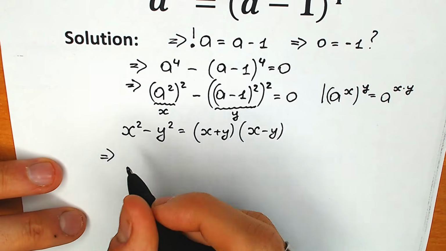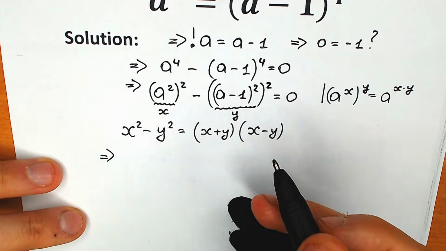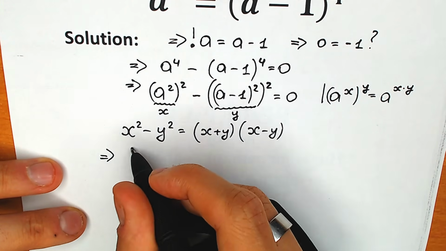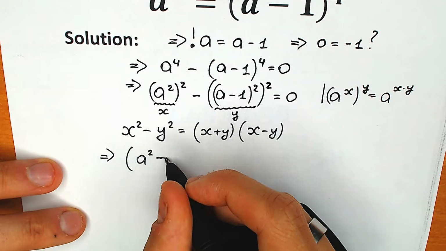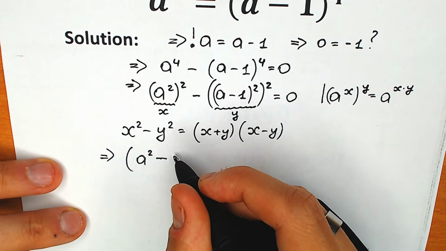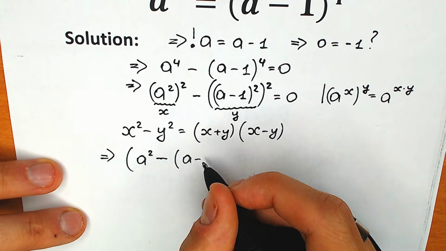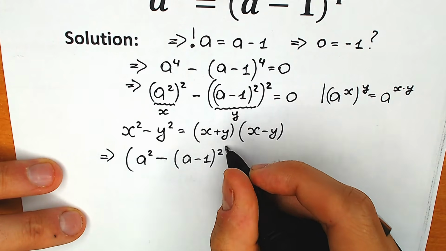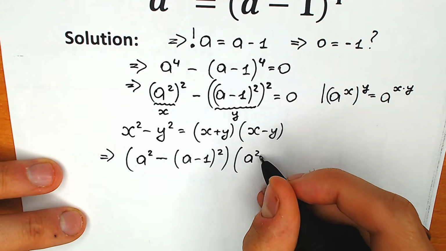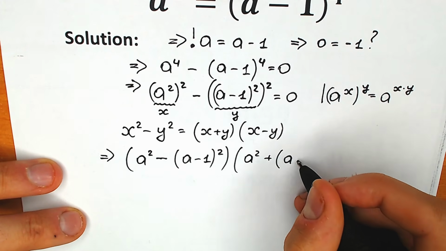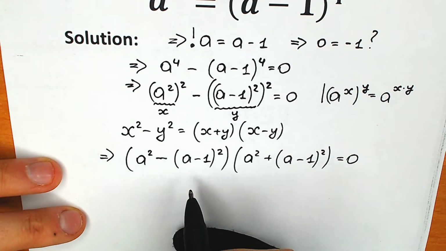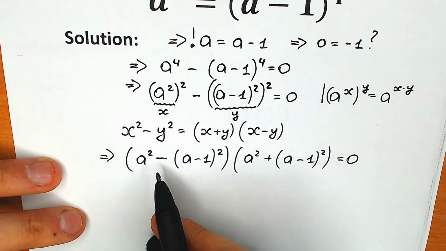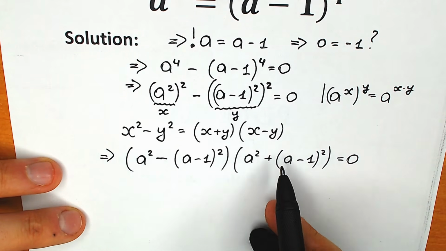The first one we have, let's go with the negative sign or with the positive, it doesn't matter. First of all, what do we have? A square minus (a minus 1) square, or plus, doesn't matter. Let's go with the negative first. So (a minus 1) square, and the second one, a square plus (a minus 1) square equal to 0. So right now we have a product equal to 0 when this parenthesis equals 0, or this one. So everything is great.